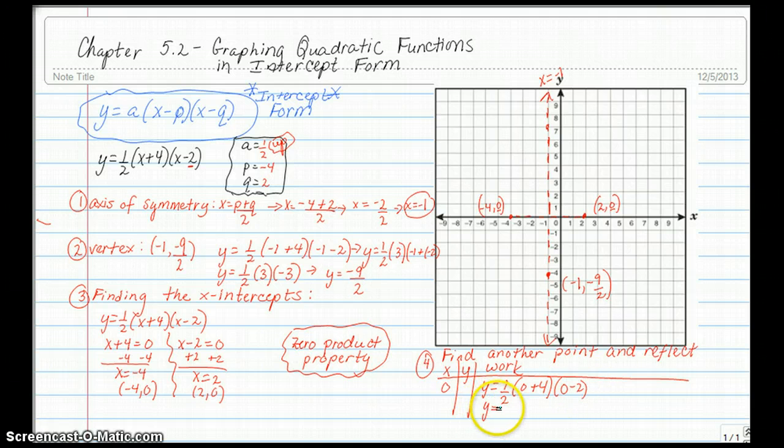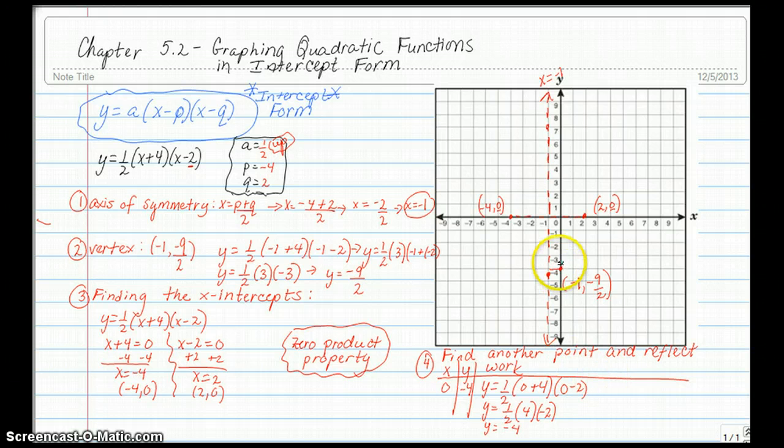So y equals 1/2. 0 plus 4 is 4. 0 minus 2 is negative 2. 4 times negative 2 is going to be negative 8. If you take half of that, it's negative 4. So y equals negative 4. So 0, negative 4 is our ordered pair. 0, negative 4.